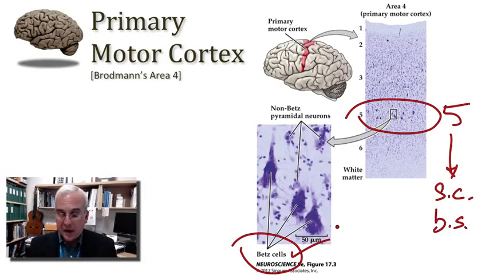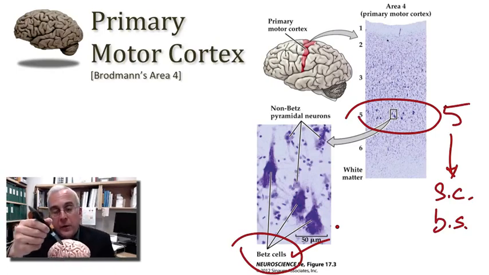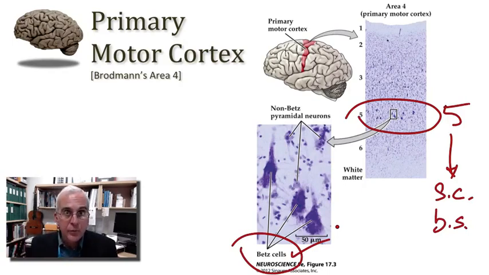Now, it was clear from the very earliest stages of these kinds of experiments that one could elicit movements from more anterior regions. So this posterior frontal lobe was considered the location of the motor cortex, but there was a clear distinction in threshold. And so for that reason, this primary motor cortex was identified with the precentral gyrus.